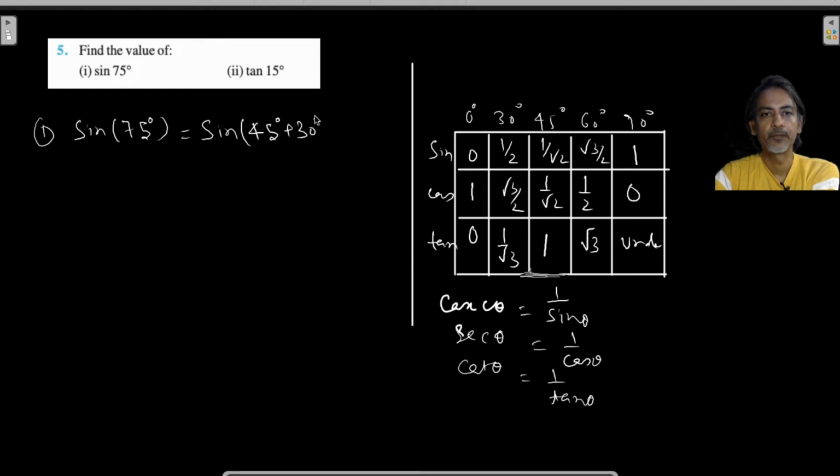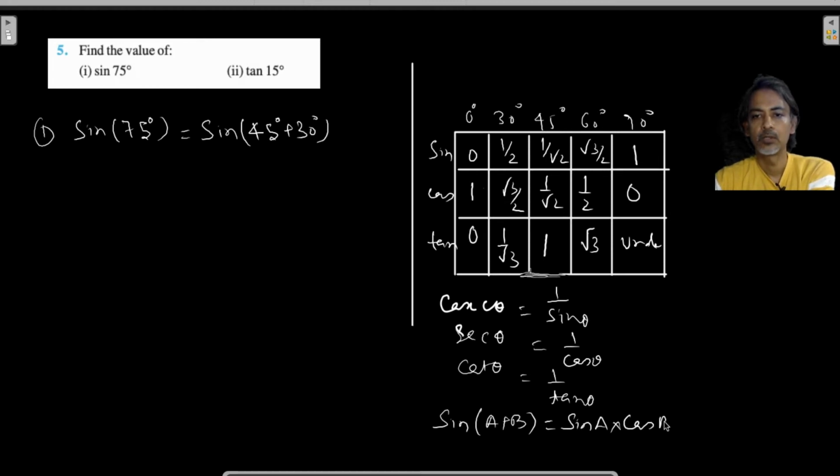All right. Now when you look at this expression, you know that we have also learned a new formula, which is sine a plus b. Sine a plus b is sine a into cos b plus cos a into sine b, right?